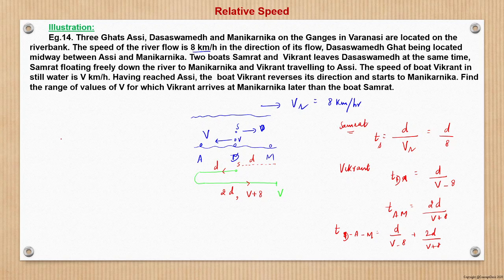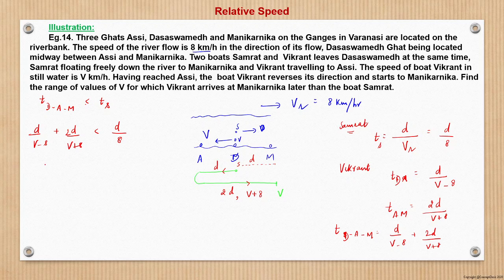Now it is given that this time should be less than the time taken by Samrat. So D upon V minus 8 plus 2D upon V plus 8 should be less than D upon 8. If we solve this, D gets cancelled out.